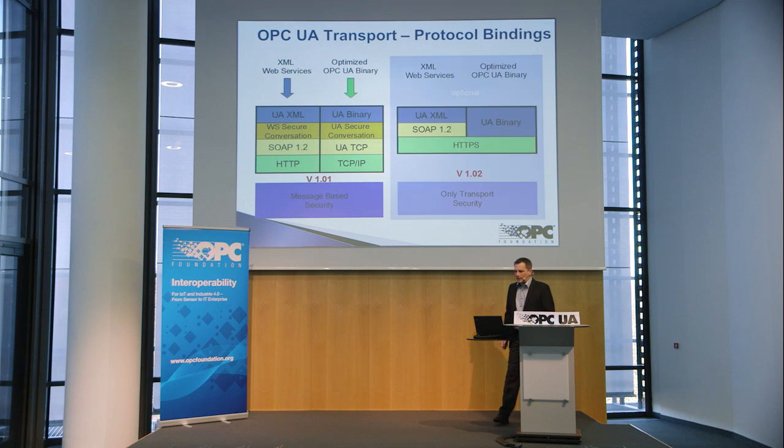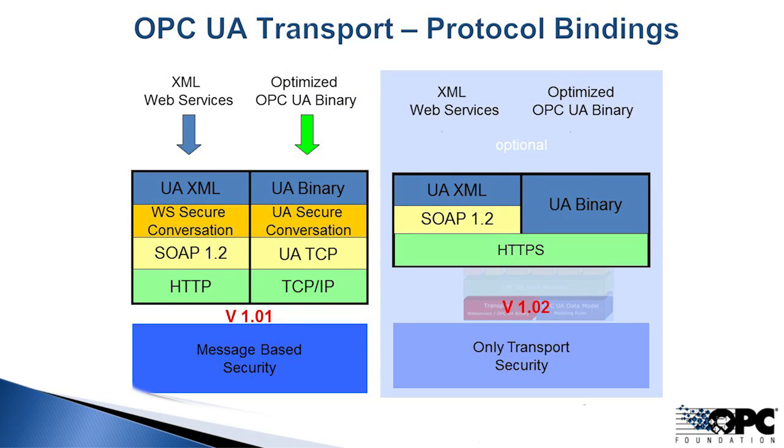In contrast to that, we have, since version 1.02, 2 more transport bindings. And as you can see here, they are optional. And those transports use the transport security. So we use HTTPS, TLS encrypted HTTP.